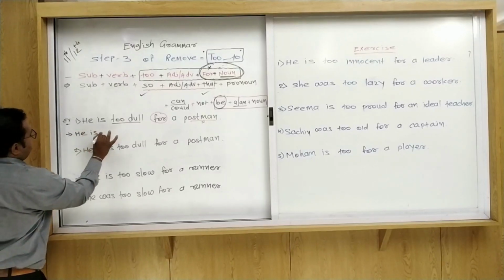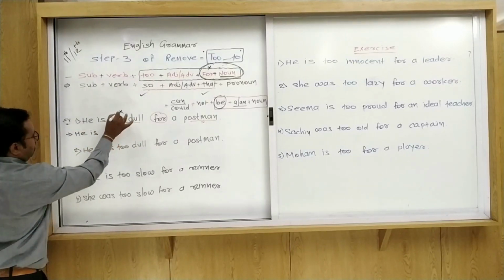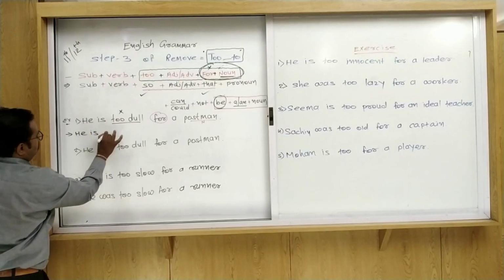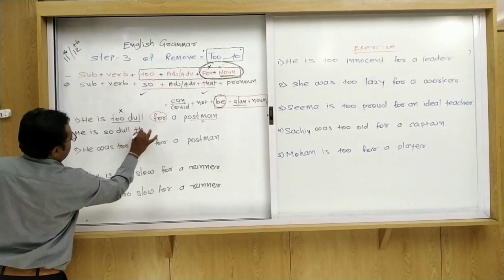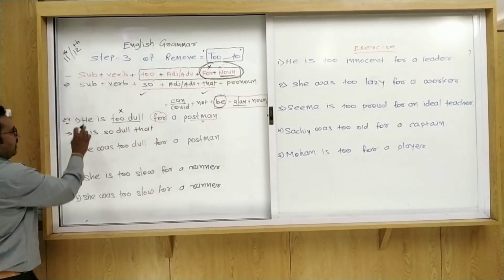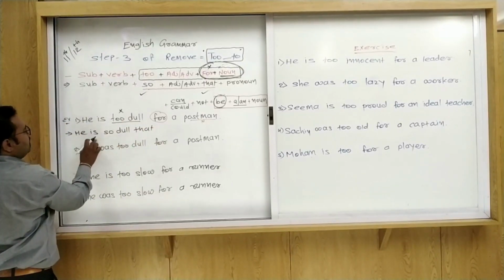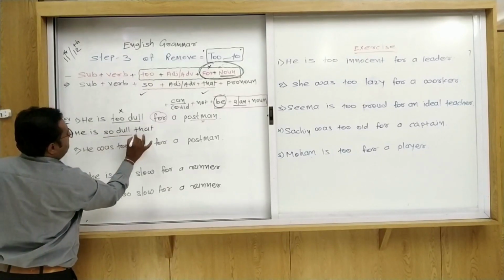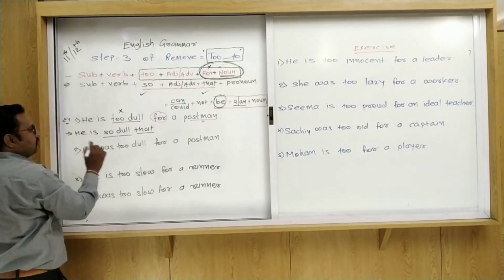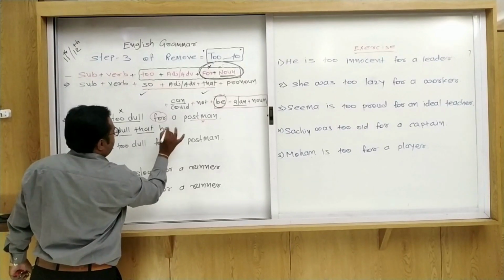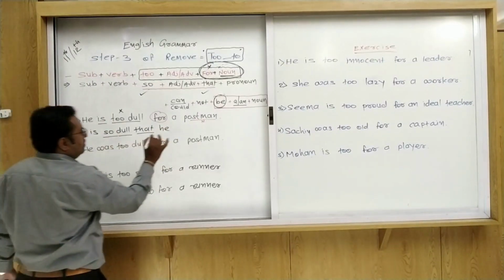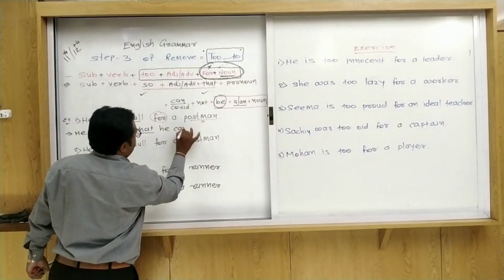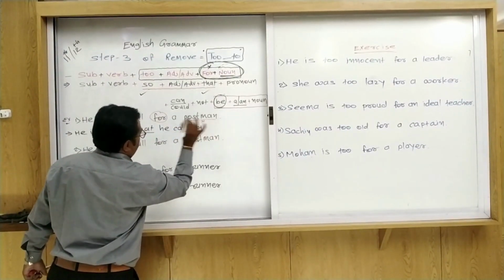He is, remove too. So he is used: so dull that. Okay, he is too dull. So he is so dull that. He is used here, so we can write here "he". The tense used is present tense, so we can say that he cannot.